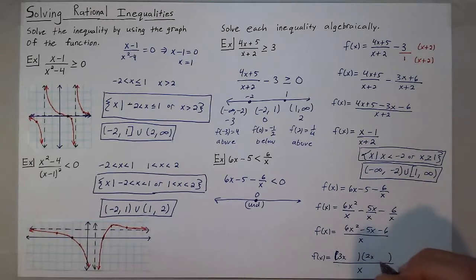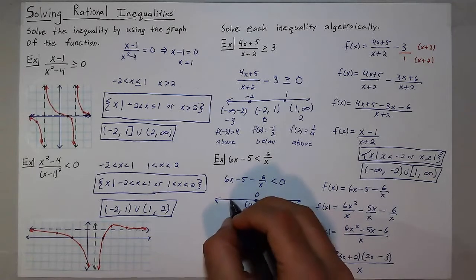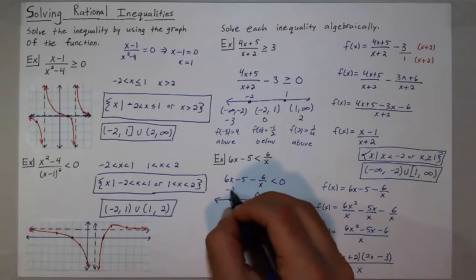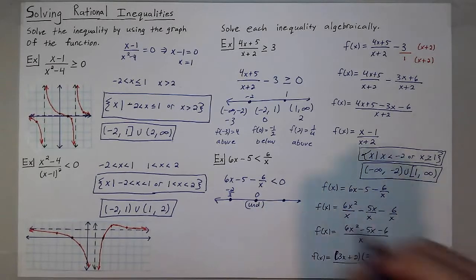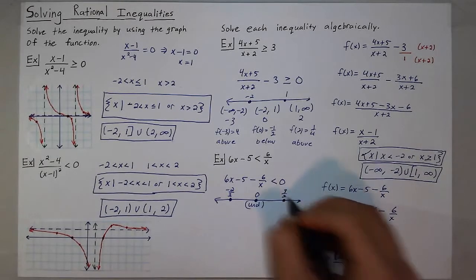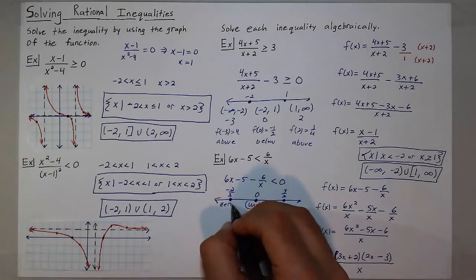If I do 3x times negative 3, that gives me negative 9x, plus 2x times 2, which is 4x, so it would give me negative 9x plus 4x, which is negative 5x. So that's how it factors. So I can see it's also 0 at negative 2/3 and at 3/2. That's where it's equal to 0.